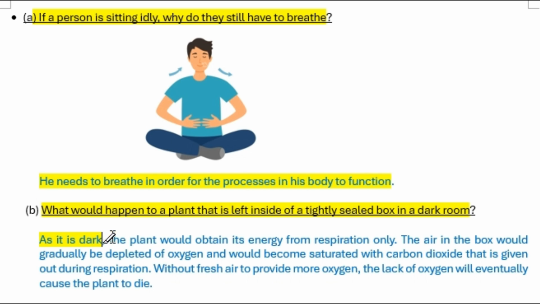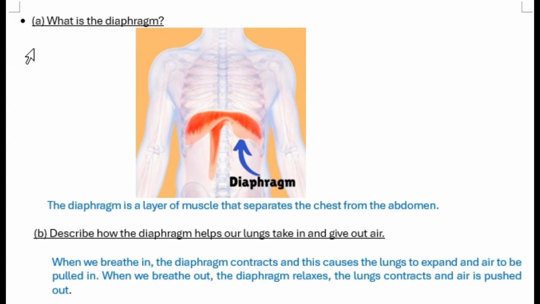As it is dark, the plant would obtain its energy from respiration only. The air in the box would gradually be depleted of oxygen and would become saturated with carbon dioxide that is given out during respiration. Without fresh air to provide more oxygen, the lack of oxygen will eventually cause the plant to die.